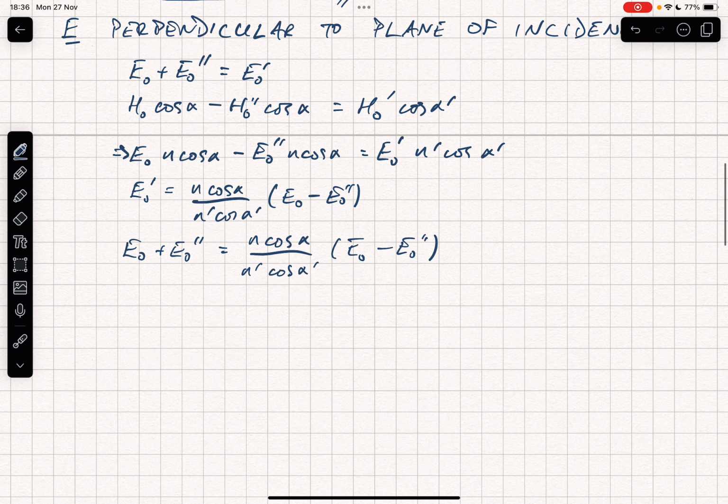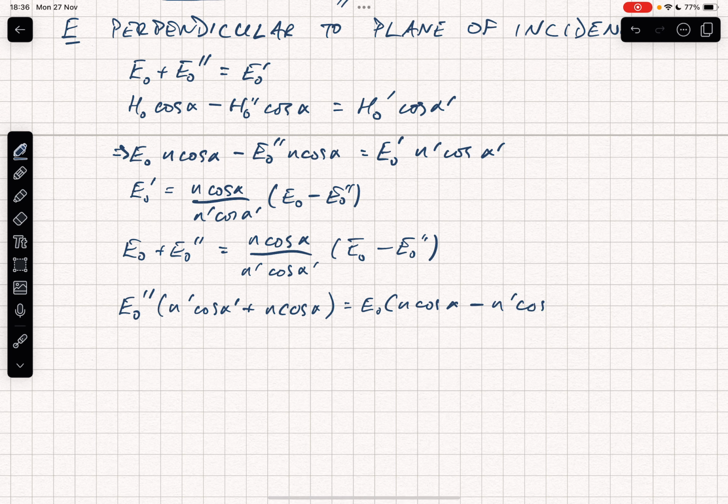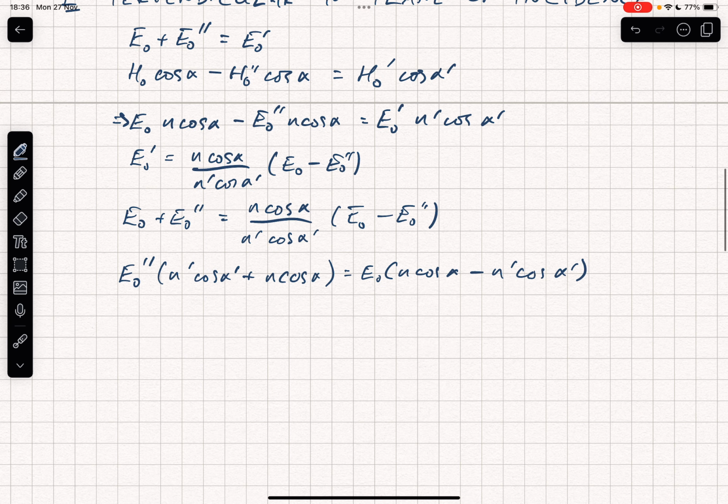So we multiply both sides by n prime cos alpha prime, and we gather terms, and when we do that we find that you have E0 double prime into n prime cos alpha prime plus n cos alpha is equal to E0 into n cos alpha minus n prime cos alpha prime. So we've taken the E0 on the left over to the right hand side and the E0 double prime on the right hand side back to the left to get that.